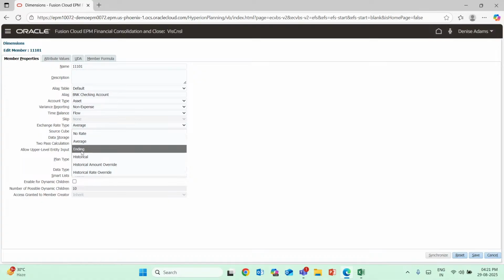Then we have ending rate. This is the closing exchange rate for the period. This is applied on the balance sheet. All the balance sheet accounts end with the ending rate or closing exchange rate. Then we have historical. There are certain accounts like share capital with the same rate, untouched.